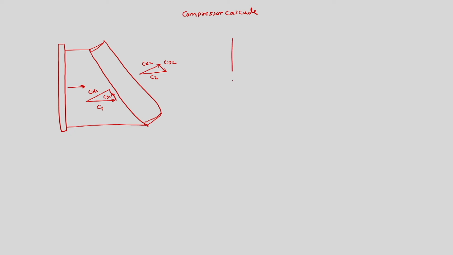On a particular aerofoil, if we plot the velocity distribution, then this velocity distribution for x by L can be seen like this.